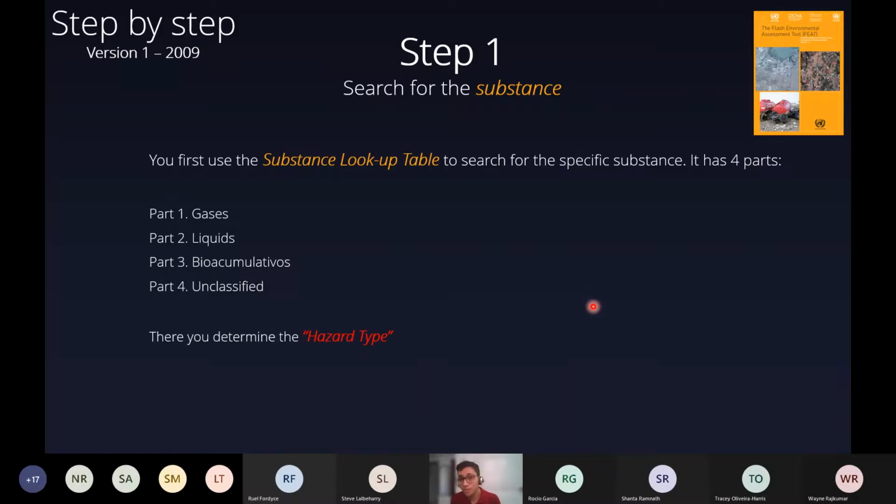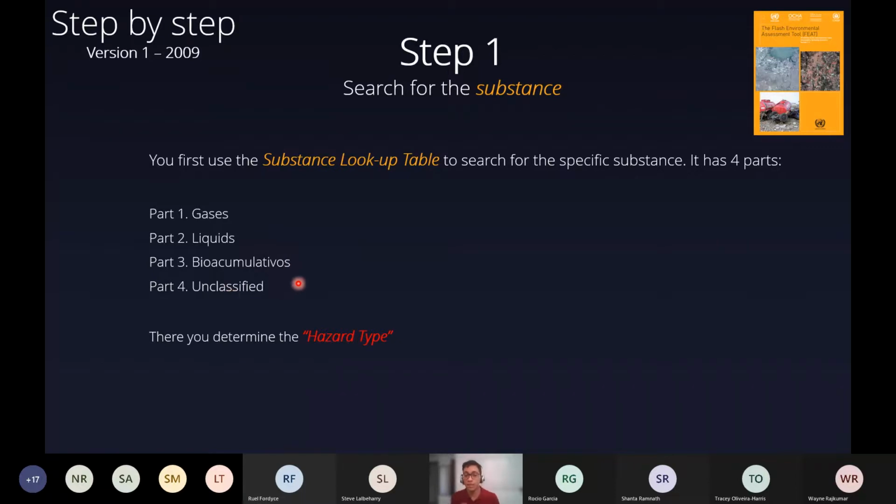Because in cases of emergency, it's really hard sometimes to know which chemicals is specifically leaking. So you can kind of like know, depending of the type of facility or the labels, to know more easily what are the hazards. But in this case, you need the specific substance, and it has 4 parts: gases, liquids, bioaccumulatives, ice, that's in Spanish, sorry, and unclassified.